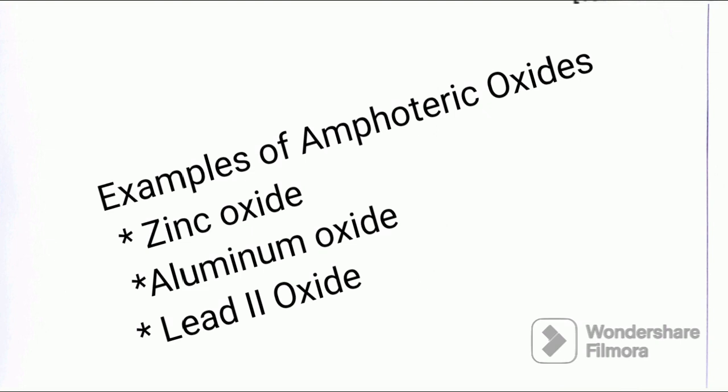It is very important to note that amphoteric oxides show both basic and acidic properties. That is, they react with both acids and alkalis to form a salt and water.